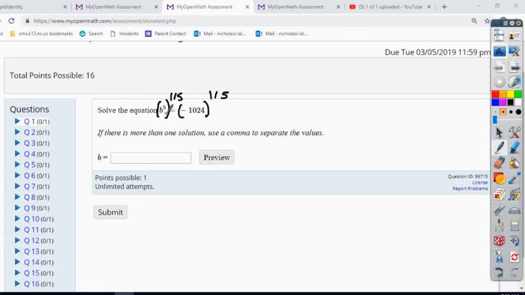So, anyways, b to the 5 raised to the 1/5 power. By the way, it's the same thing as having b to the 5 equals negative 1024, and taking the 5th root of each side.